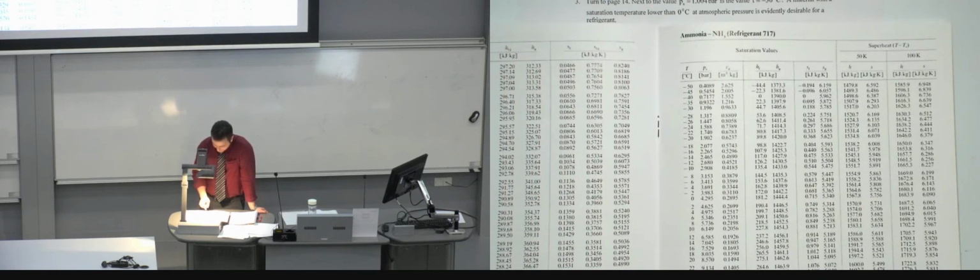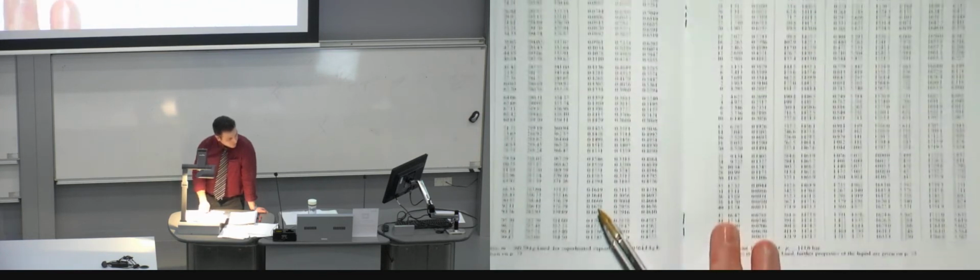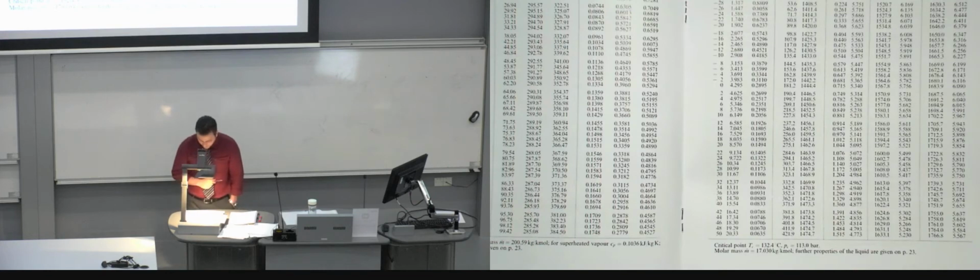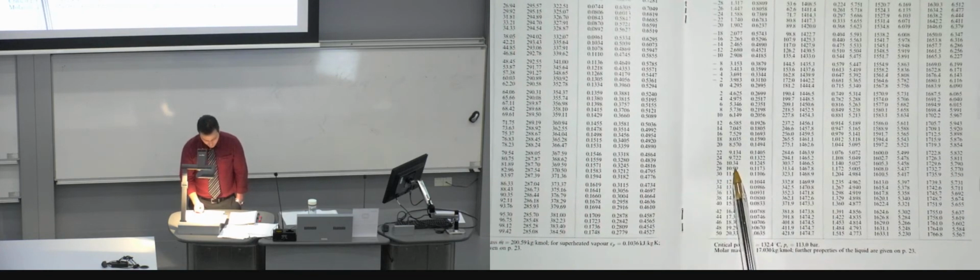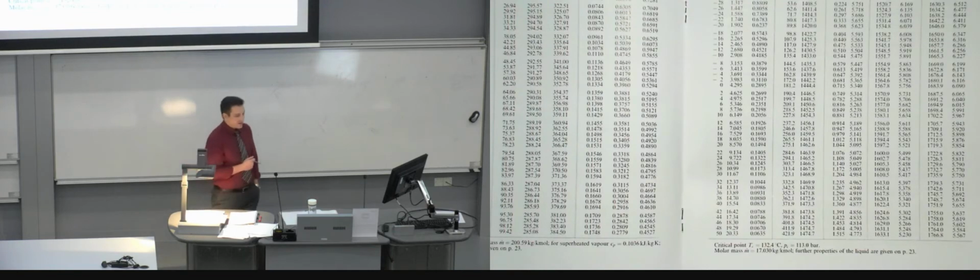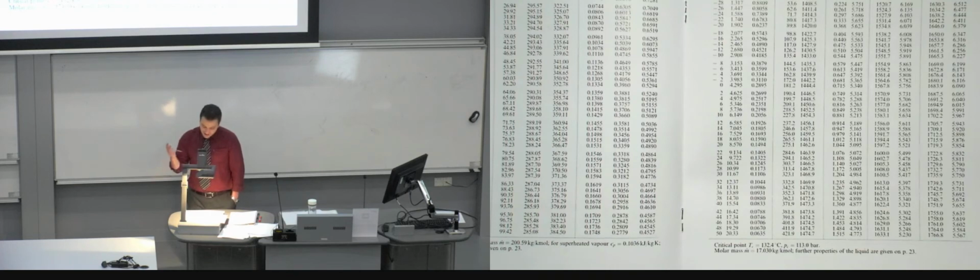And at that temperature, you can see the value of Vg. 28 here, this is the value of Vg. And the value of the saturated pressure is 10.99. That's also easy. But we also have to find Vf as well, and this is similar to the previous example. We want both the Vg and Vf.